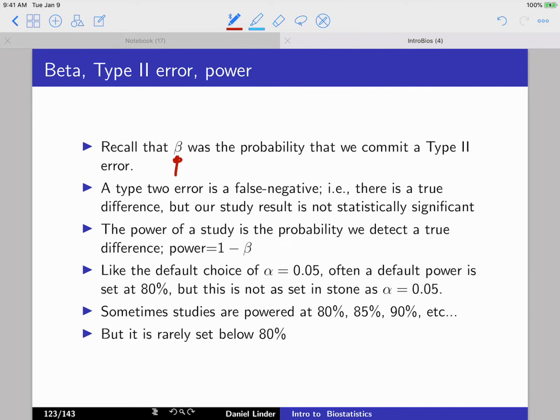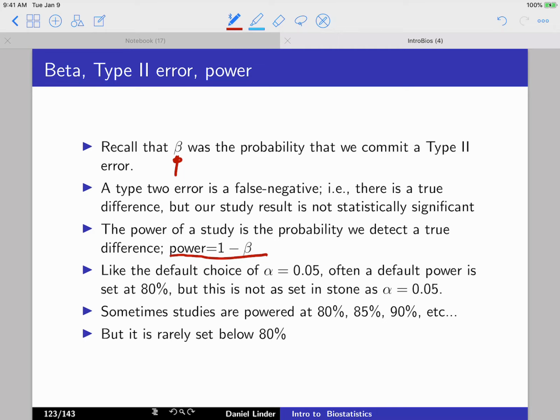And the power of a study is essentially just 1 minus this beta. So 1 minus beta is equal to the power. The power of a study is essentially just the probability that you detect a true difference.